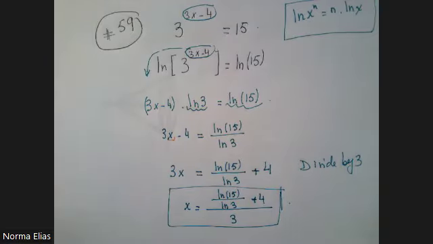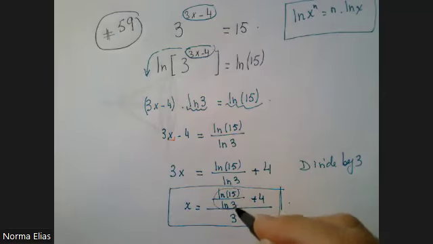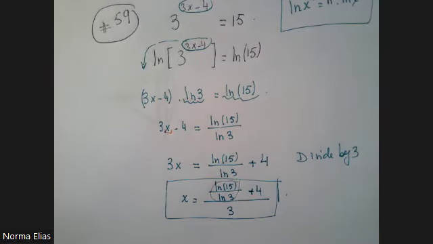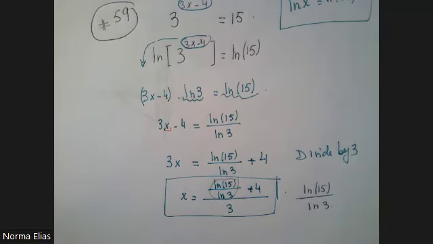Is there a way we can combine those? Is there any way we can combine ln of 15 divided by ln of 3? Yes or no? Is there any way we can simplify this expression? Anybody?